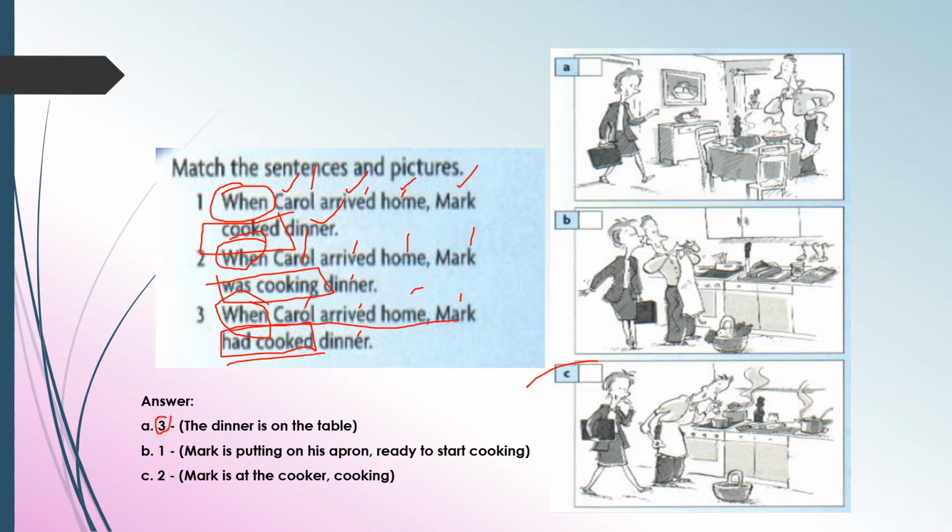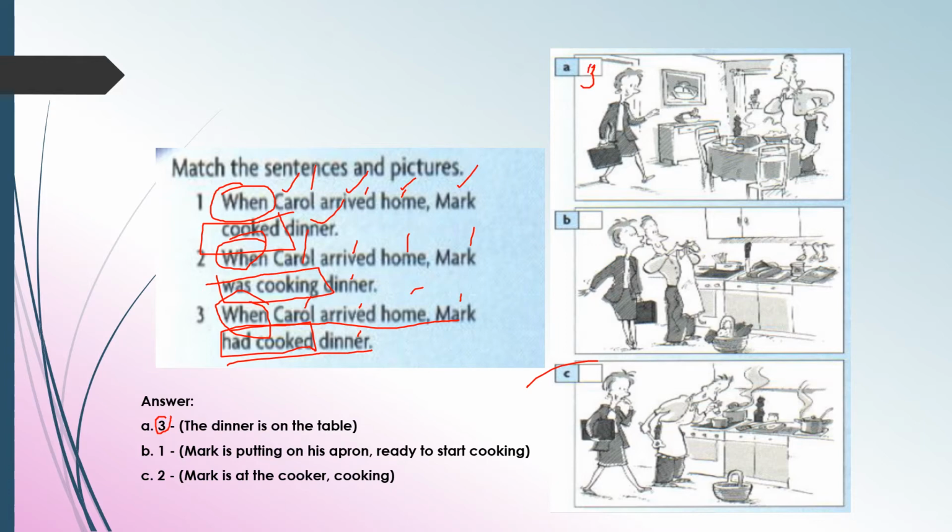So we are talking about two different actions: action 1, Carol arrived home; action 2, Mark had cooked dinner. But you can easily understand that Mark cooked dinner first, then Carol arrived. So in the sequence of actions, Mark had cooked dinner is number 1, then Carol arrived home, and you can see that the dinner is on the table, so that goes with picture A. Sentence 3, picture A.